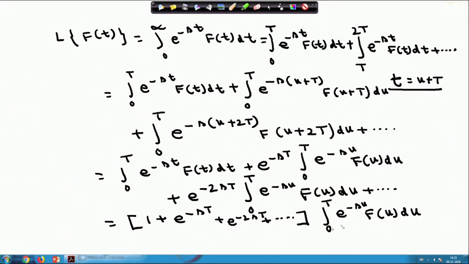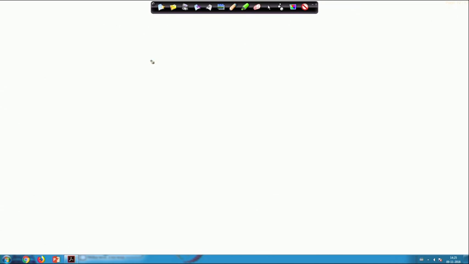Once I get this series, I can write it as 1 by 1 minus e^(-sT). So, in a simple way, this equals 1 by (1 minus e^(-sT)) times the integral from 0 to T of e^(-su) f(u) du.